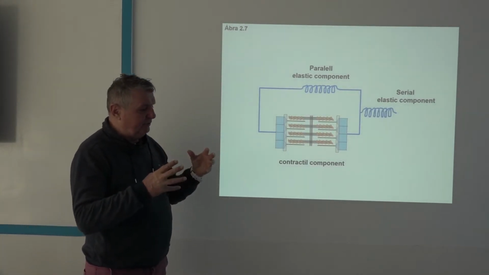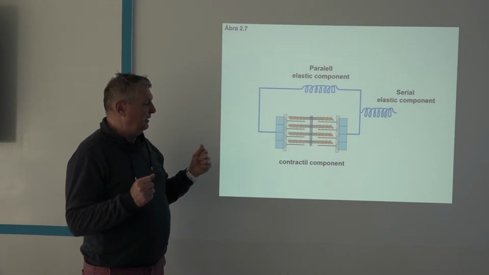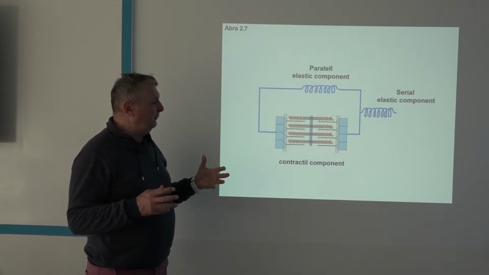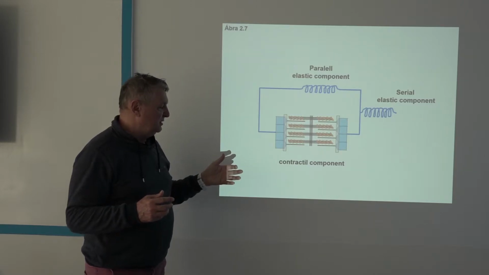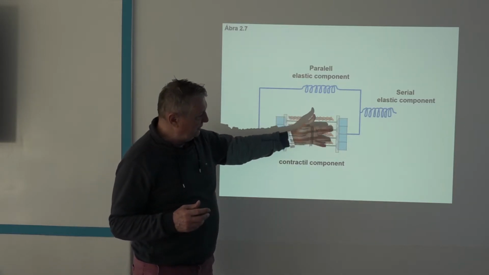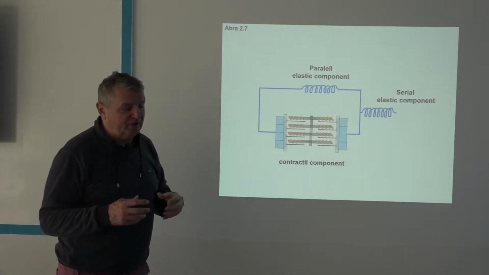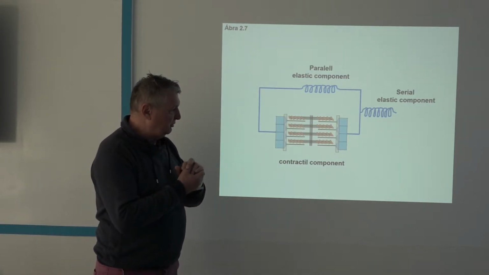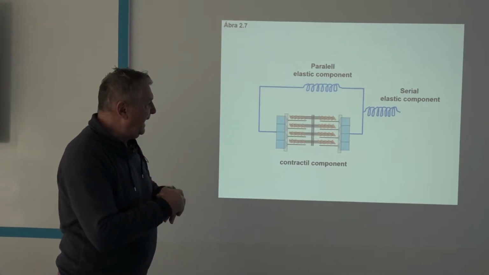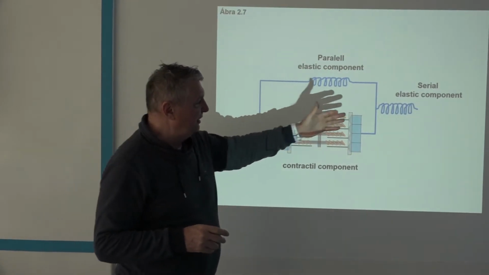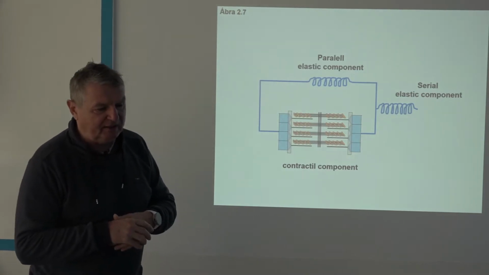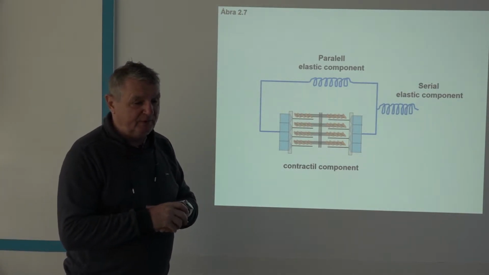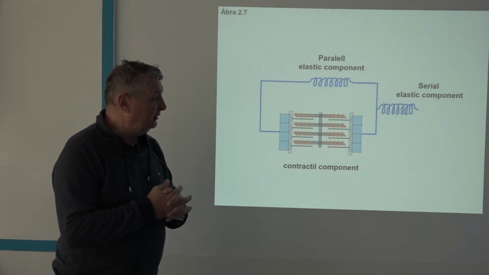And in case of muscle, he made a system, and he said muscle is built up from three kinds of systems, such as the contractile component. This is what you have seen, actin and myosin. This is the contraction, this is the contractile component. And we have the serial elastic component, proteins like tubulin, but especially nebulin and titin.